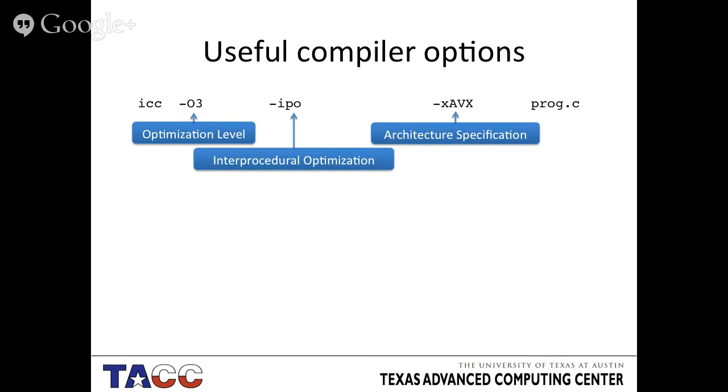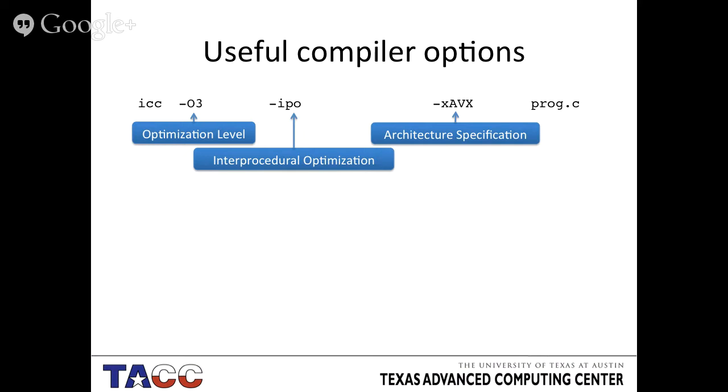So if you're building a program that has 72 different files and multiple functions in each file, the compiler is able to do optimizations across files and across subroutines to try to get the most out of your code. If you don't use IPO, it would only restrict its optimizations to a function or file level.